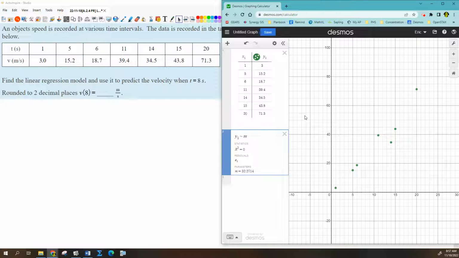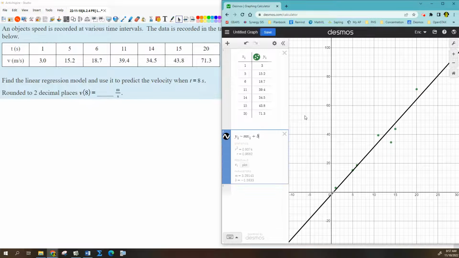M is going to be one of the parameters. I'm going to let Desmos figure out what the best value of m will be. And then I'm going to multiply that by x1, so I'll type x1 and then plus b. Again, I'm just matching it to slope-intercept form, but instead of an equals, I use a tilde, and instead of x's and y's, I use x1 and y1.